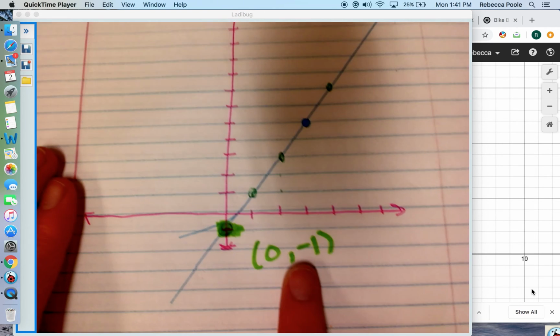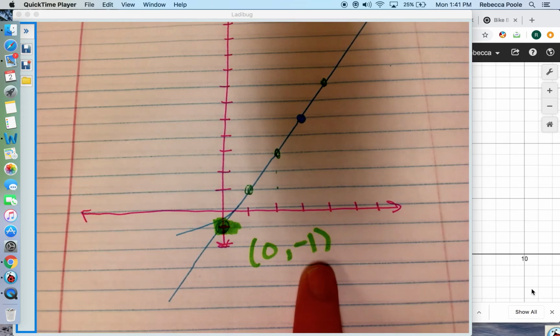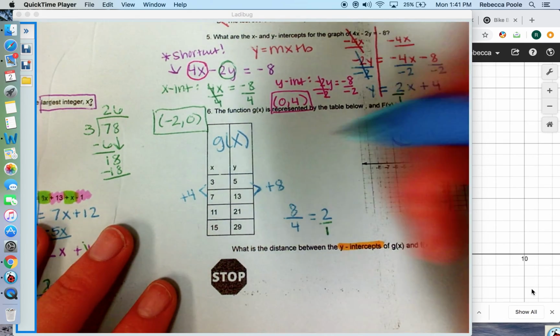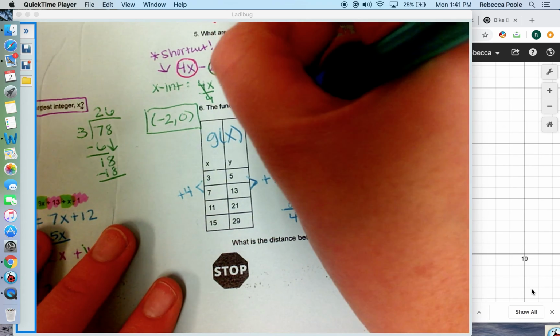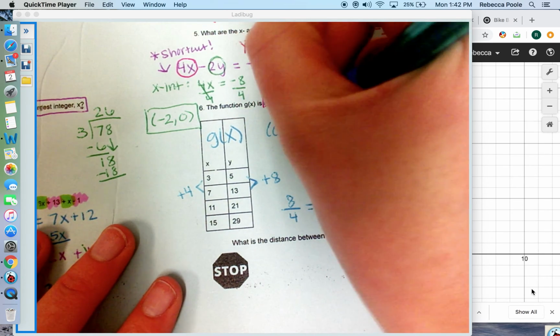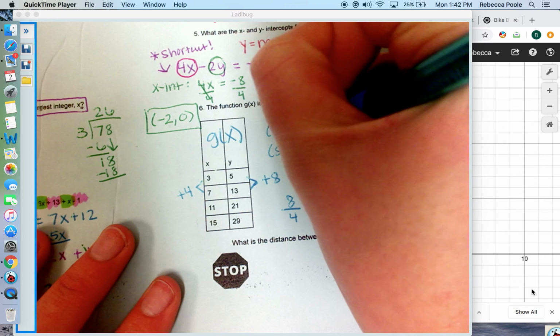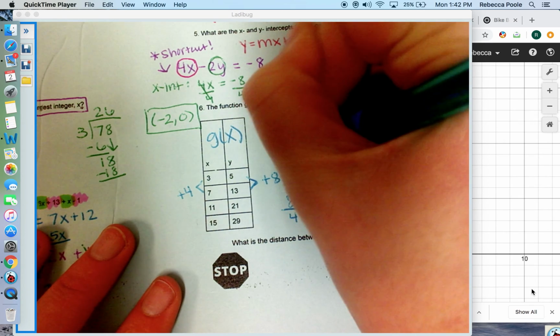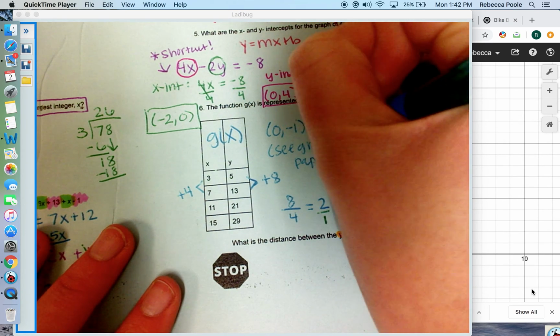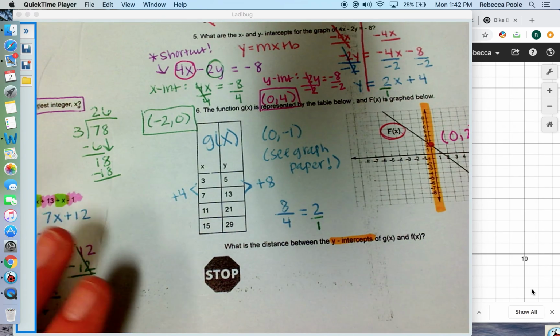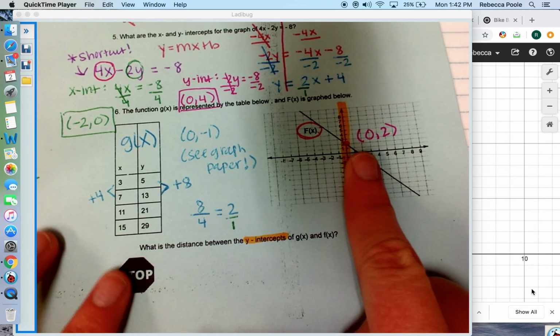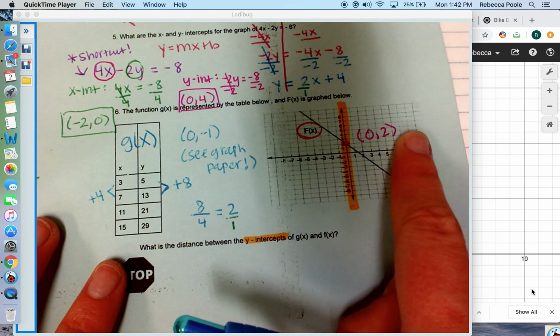So it does in fact cross at 0, -1. So my y-intercept for my table is 0, -1. Okay? And my y-intercept for this graph is 0, 2.